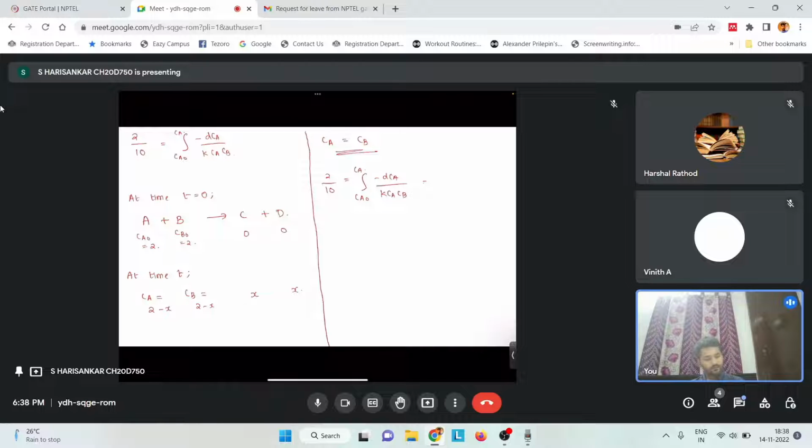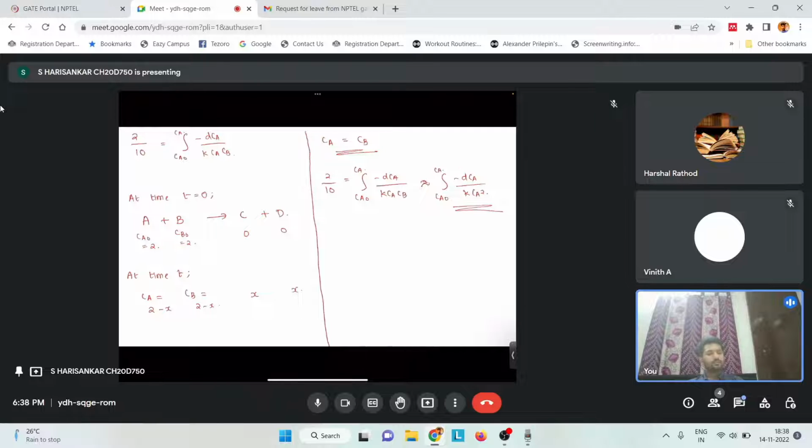So this will be Ca0 to Ca minus dCA by kCa square. This will be our new design equation with only the Ca term.